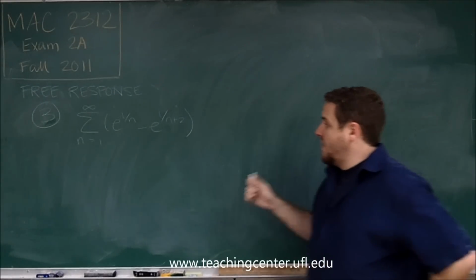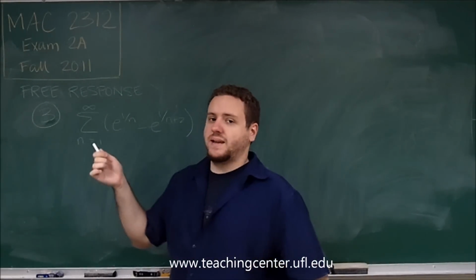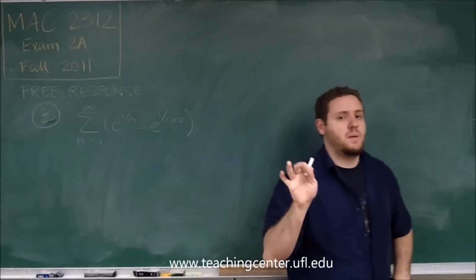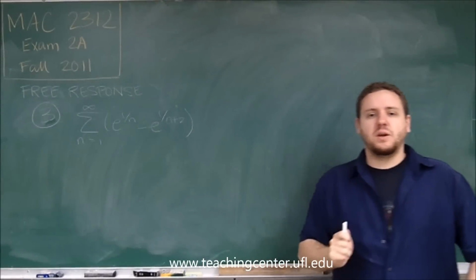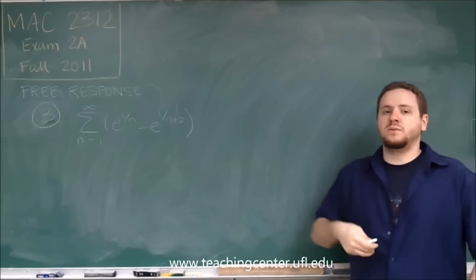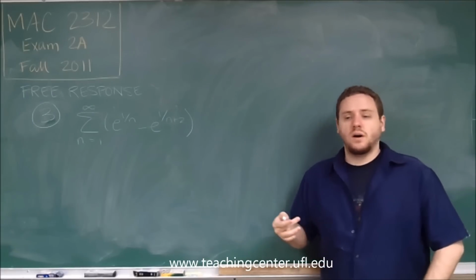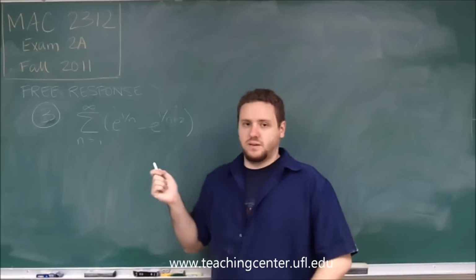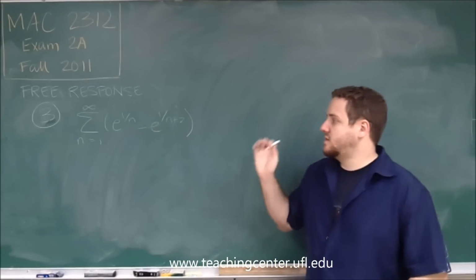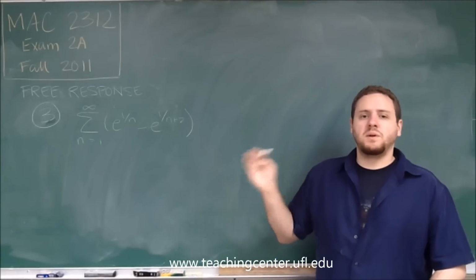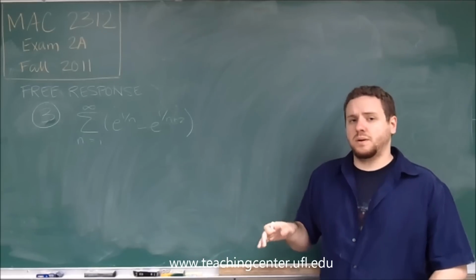Whenever you have two things that are subtracted, that's really what should ring that bell in your mind, because pretty much all the series that you do other sorts of tests on are not two separate things subtracted from each other. So just because you have the subtraction, you should think, okay, that's probably telescoping.